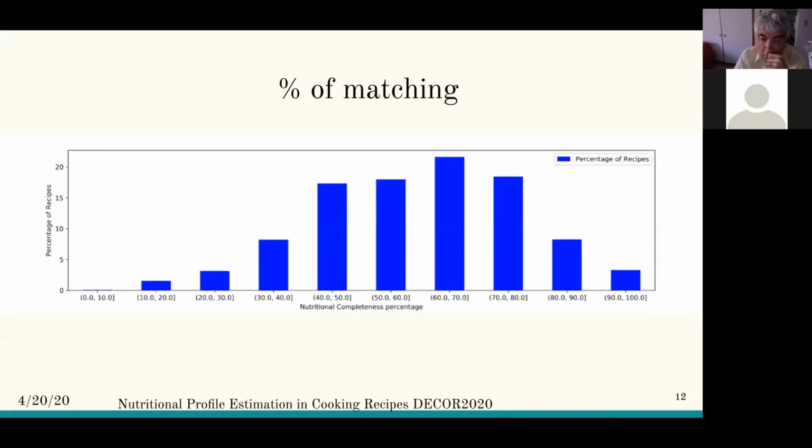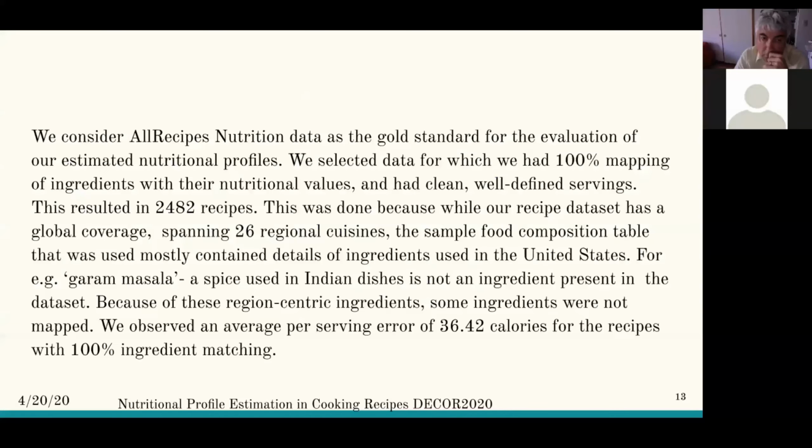They don't mention a threshold, it was just a theoretical study, but that has been quoted in the paper. Once we match those ingredients and add them up, we get the final nutrition values.